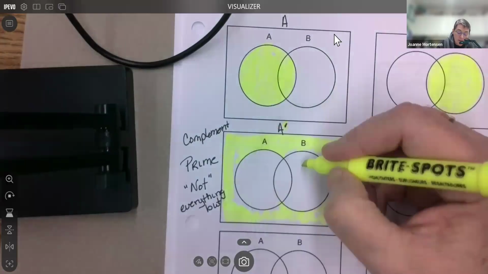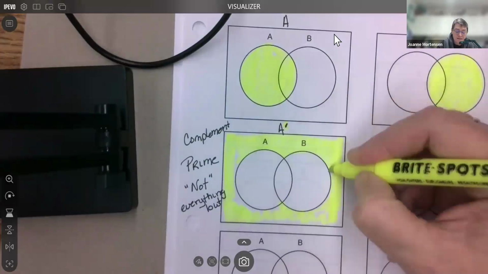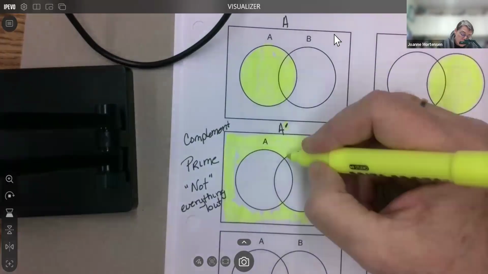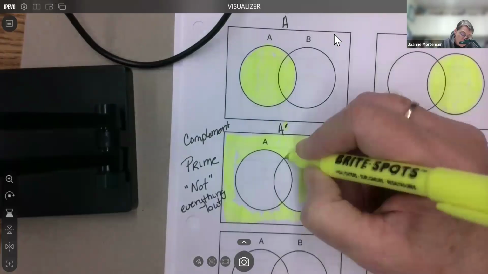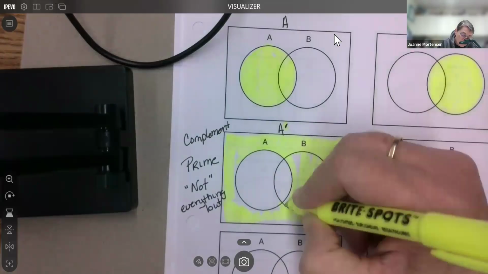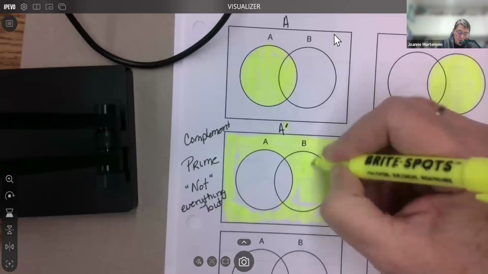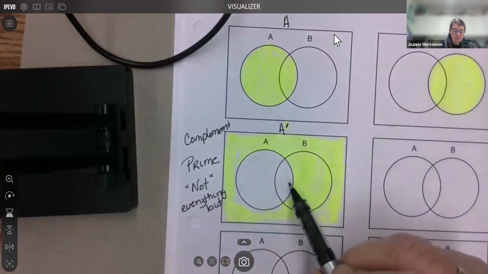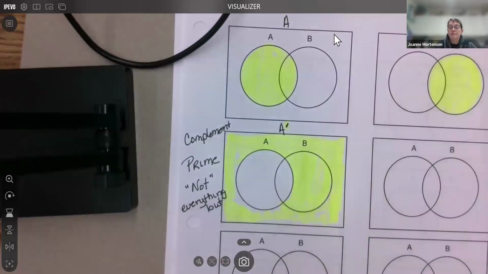And then where I colored there, color everything else. Most students get this, but you have to remember, I don't get to include the centerpiece this time, because that part right there, that's both A and B. Up here it was colored, so I don't get to color it when I do the complement.